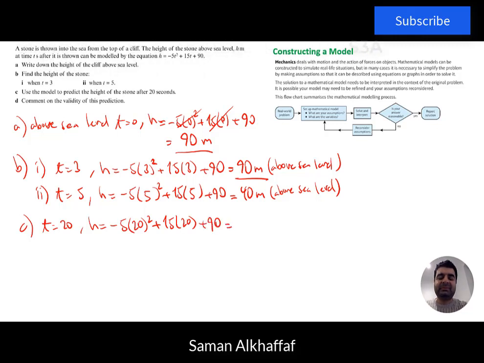So in this scenario we would have a height of approximately minus 1610 meters. So that will be below sea level. We are also asked to comment on the validity of this prediction, which is part D.